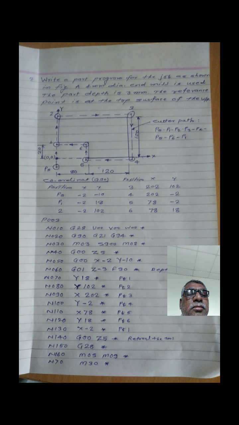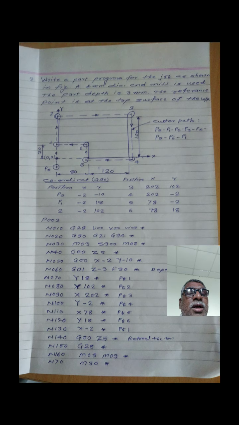The next point is point 2. Point 2 has the coordinates x minus 2 and y 110. As the x coordinate remains the same, you just mention the y coordinate, that is Y110, end of the block. Your cutter has reached point 2.